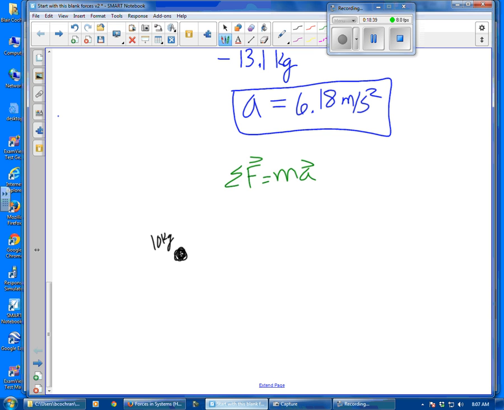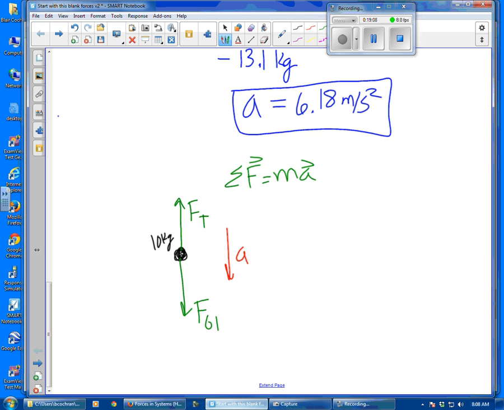I like to write it next to it. Fg1 down, Ft up, acceleration down. Now take that pictorial filling in of my equation and use mathematical symbols instead.